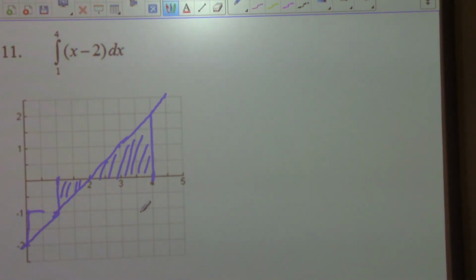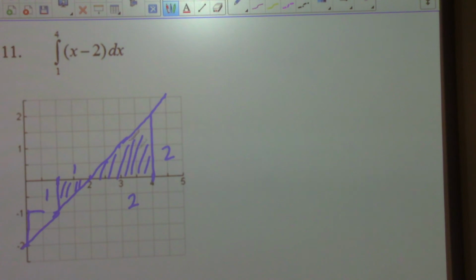So what is this going to end up doing for us? You gotta add. Keep adding. So this is going to be a 2 by 2, right? This one right here. That area's 1. And then the 1.5 is a half. And this is going to be a 1 by 1, right?